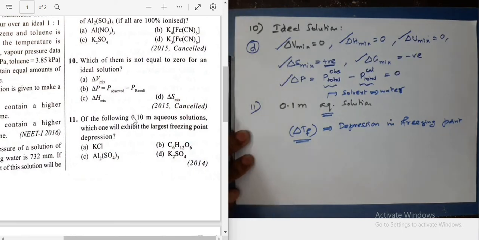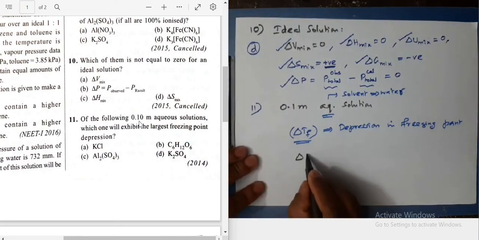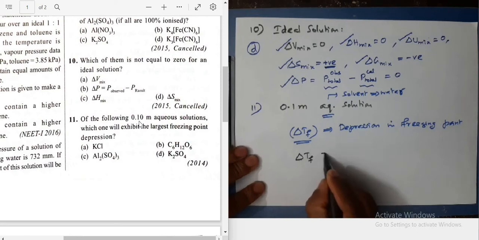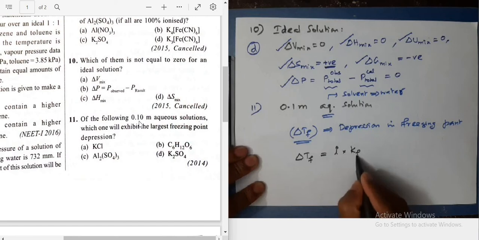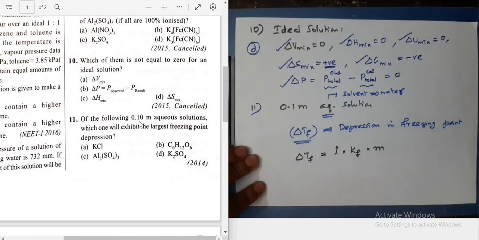And it is given clearly that all the solutions are 0.1 molal solutions. You know very well, delta Tf is equal to Van't Hoff factor i into the cryoscopic constant Kf into molality of the solution.